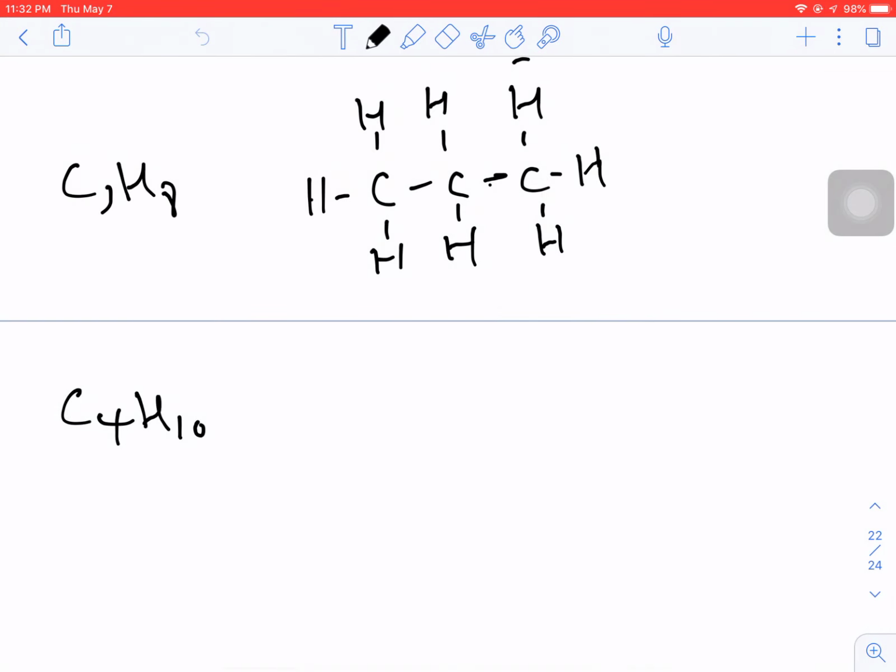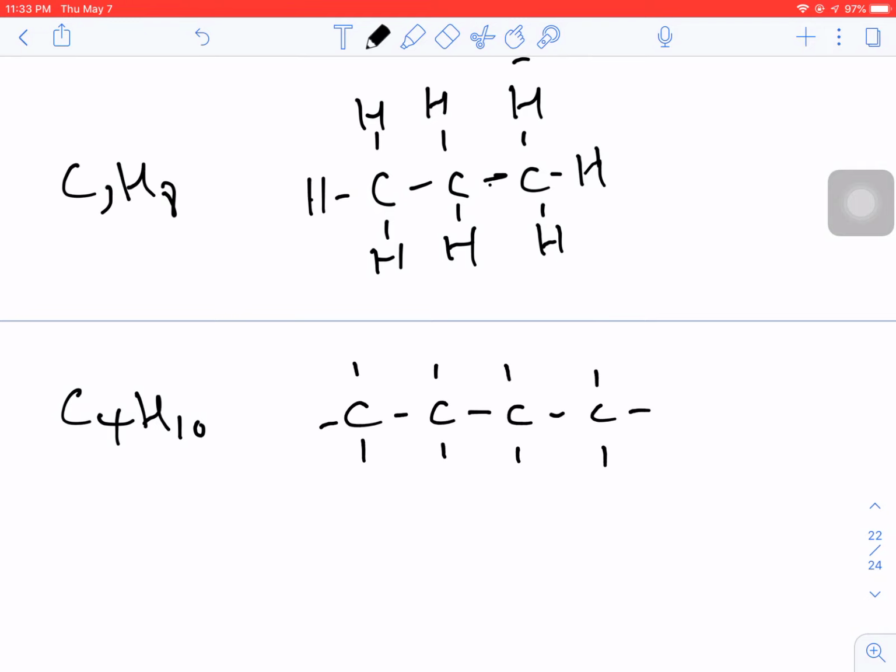I'm going to do C4H10, so there's 1 carbon bonded to a second, bonded to a third, bonded to a 4th carbon. There's C4. And then each carbon is bonded, and the remaining electrons are used to bond to hydrogen. You think, why hydrogen? Because they are hydrocarbons. Right? So if this is telling me it's butane, butane means 4 carbons.